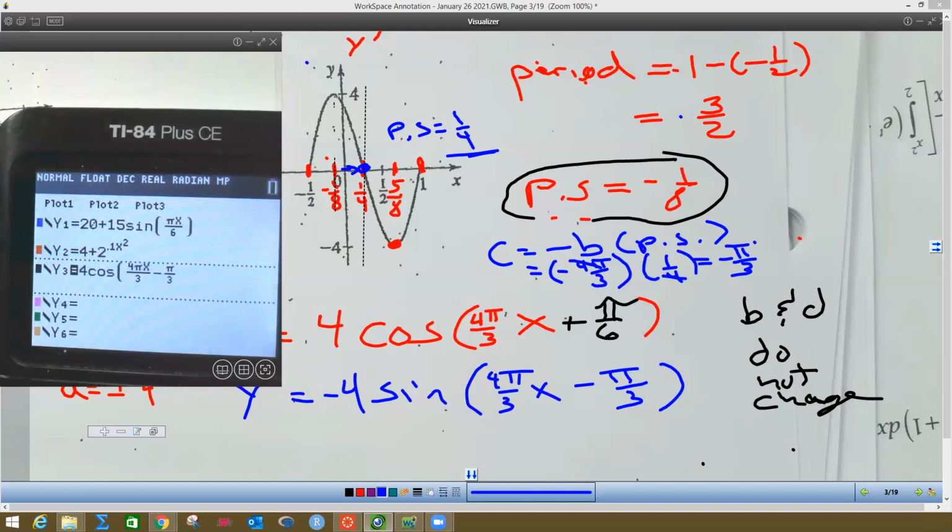You have to use the divide button because your calculator doesn't have the fraction button on it. So there's the cosine equation. Then I'm going to do the sine one, which is negative 4 sine 4 pi x over 3, minus pi thirds.